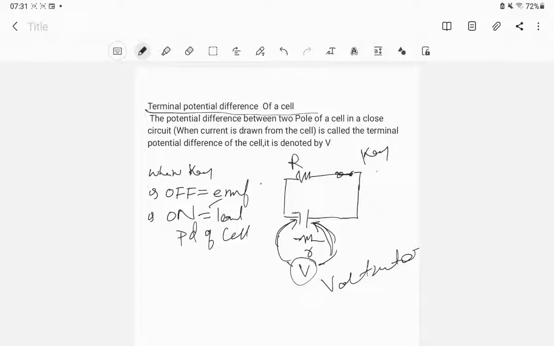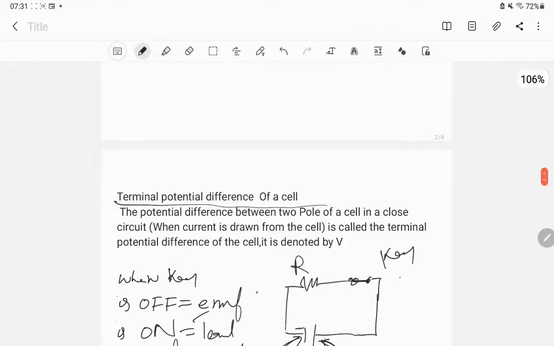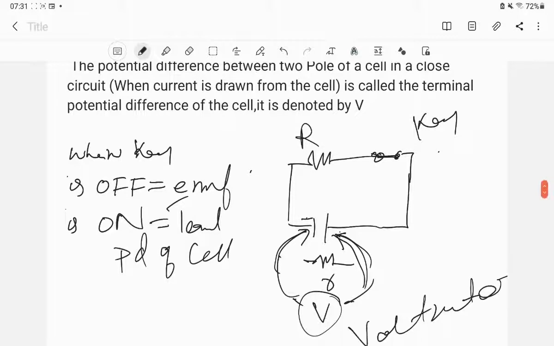The potential difference between the two poles of the cell is always less than the EMF. Okay. So EMF is the potential difference when the cell is not in use, so obviously EMF will be more because it is the unused state.